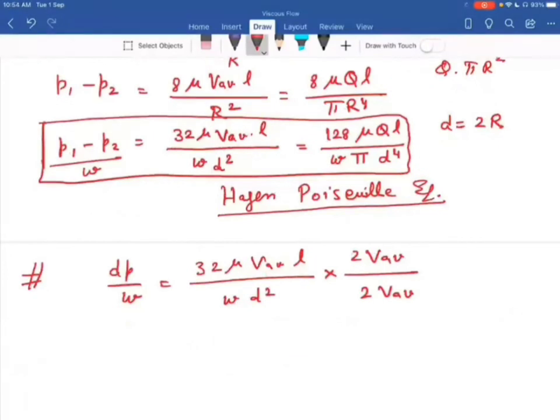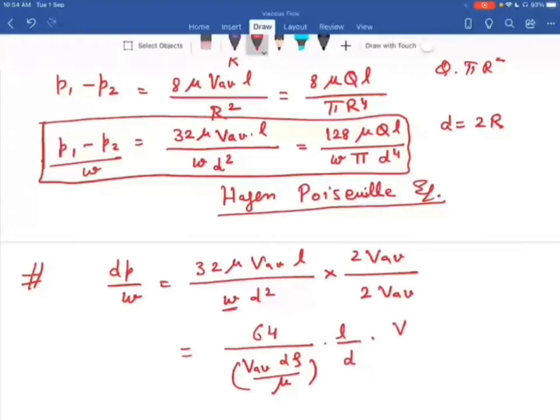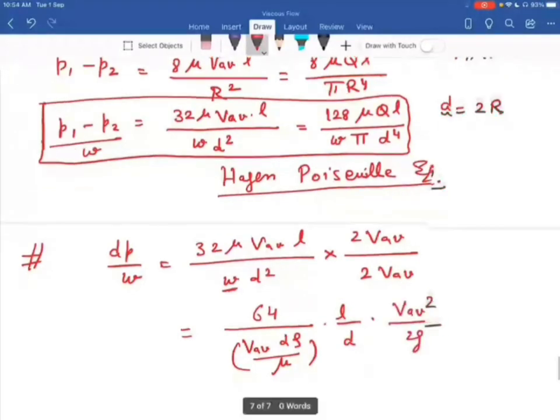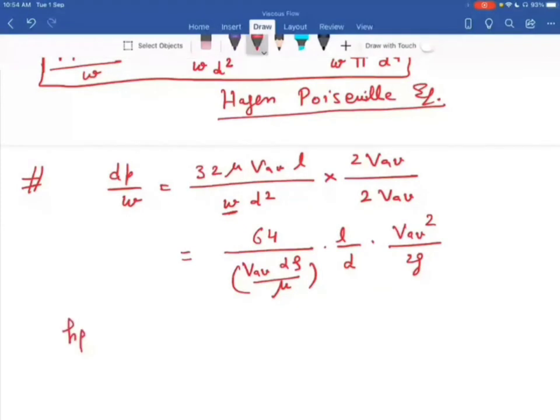So I write it as 64 divided by V average D rho by mu, into L by D into V average square divided by 2G. W I can write as rho G. Compare it with hf equal to 4FL V square divided by 2GD.